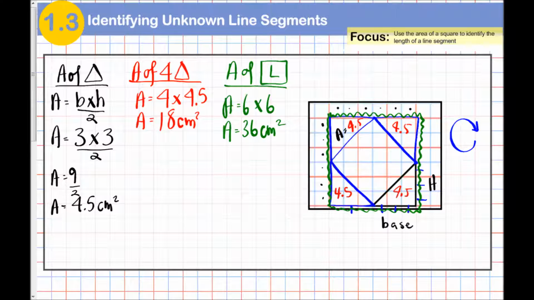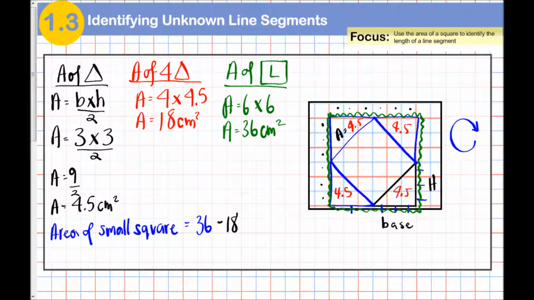So we do that by saying we want to know the area of our small square. The area of the small square is simply the area of the big square, our large square, which we said was 36, and then we subtract or take away the area of all of our triangles, which we established right here is 18.